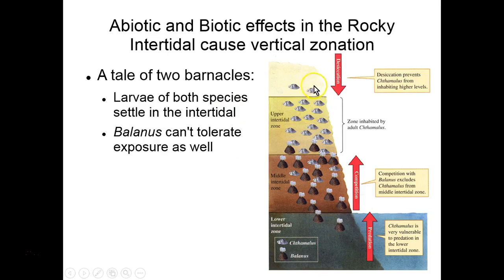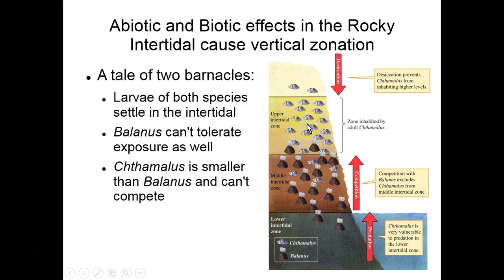But even though they can settle everywhere, the balanus cannot grow to be adults in environments that are more exposed to the air, because they can't handle exposure very well, they can't seal themselves off very well, they can't deal with temperature fluctuations very well. So therefore, we don't see the balanus up here because of exposure to air more. Whereas the thamellus can live up here, and therefore we do see it up there.